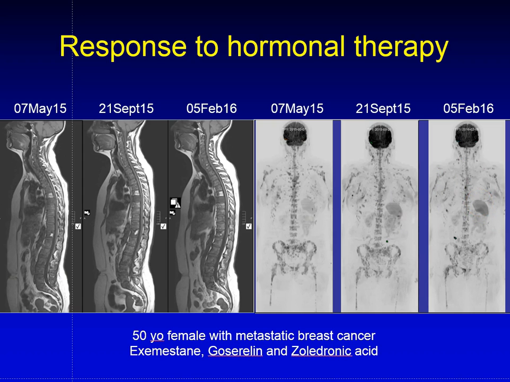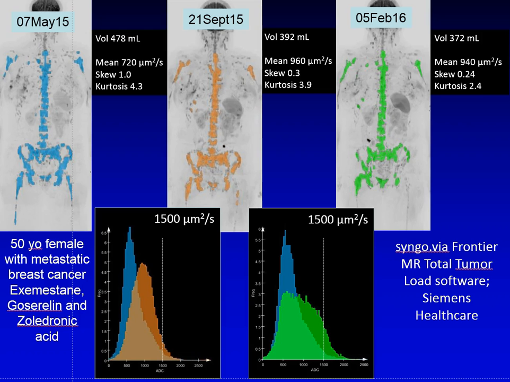And in fact, it's very interesting to look at the histograms of this particular patient as well. And you can see that here are the ADC values. You can see that the ADC value goes up, but it doesn't go over that 1500 line. So here is the prior histogram. The blue here corresponds to the blue here, the orange corresponds to the orange here, and this is that 1500 line.